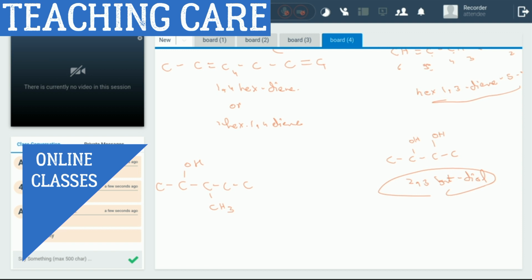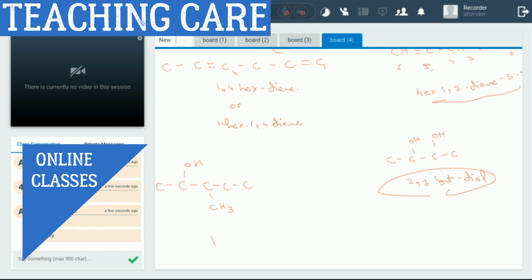Then it'll be 3-methyl... No, see, all the functional groups are suffixes, like ol and aldehyde, so you can't write it before the naming is complete.